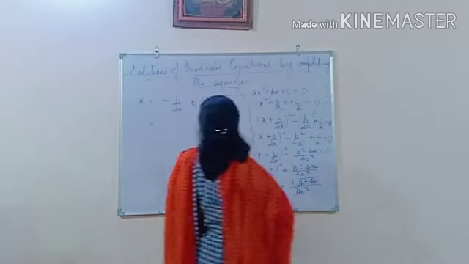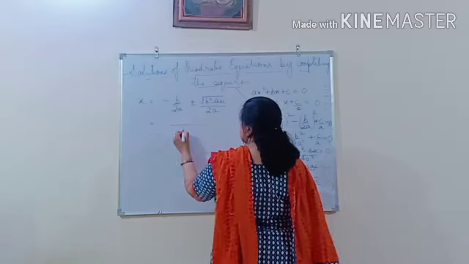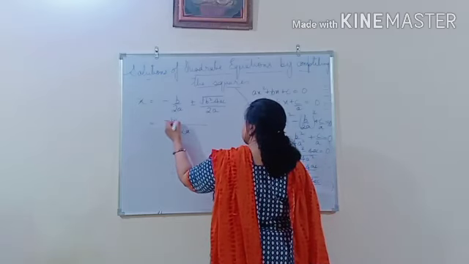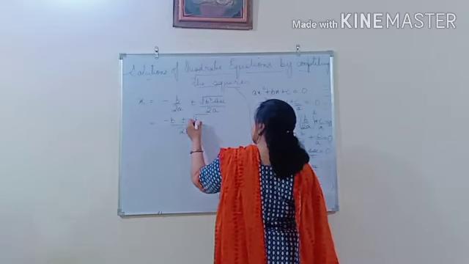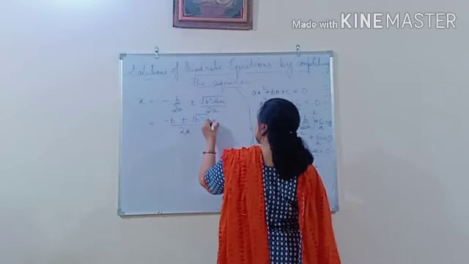Now this will be equal to, take the LCM, 2a: minus b plus minus under root b square minus 4ac.